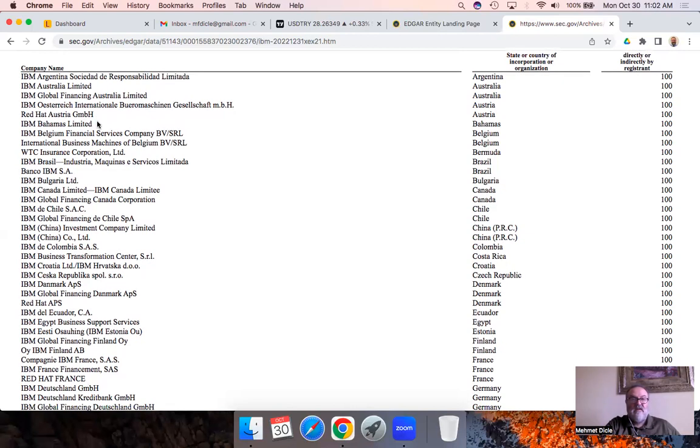But other than that, you actually have different currencies for Argentina, Australia, Bahamas, Bermuda, Brazil, Bulgaria, Canada, Chile, and so on and so forth. All of these are part of your consolidated financial statements, and therefore any sort of cost and revenue structure that you have for these individual subsidiaries exposes you to a foreign exchange risk.